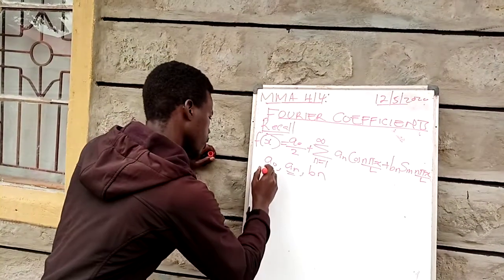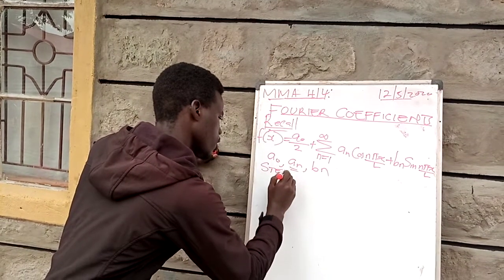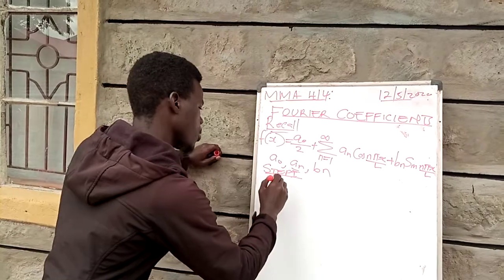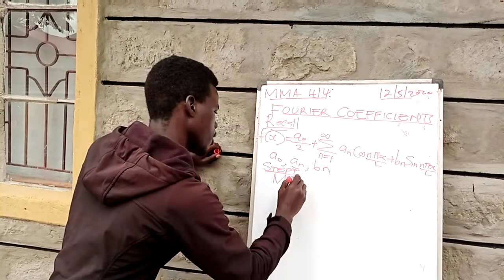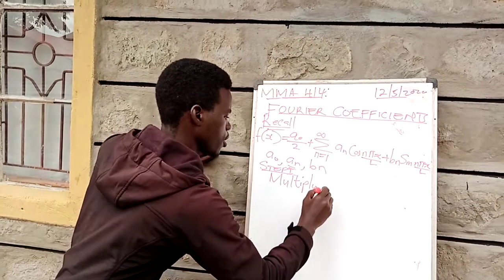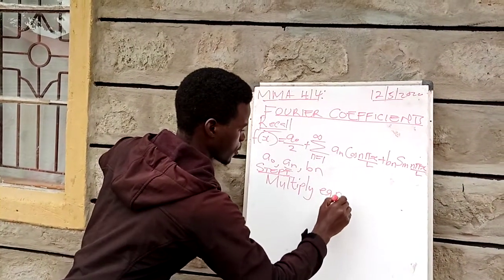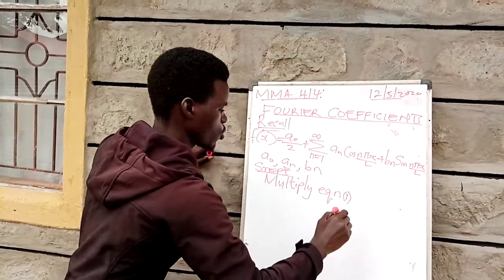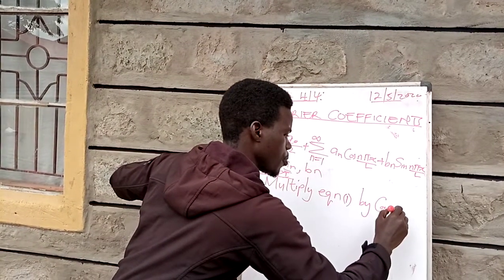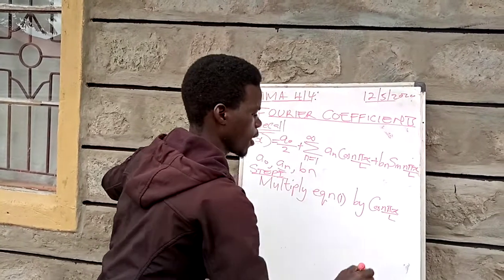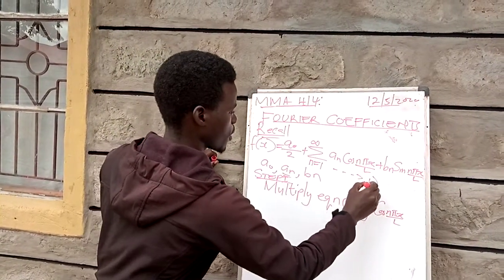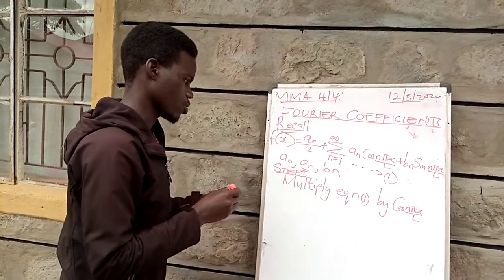So step one is to multiply equation 1 by cos n pi x over L, and our equation 1 is what I've recalled here, the initial equation.